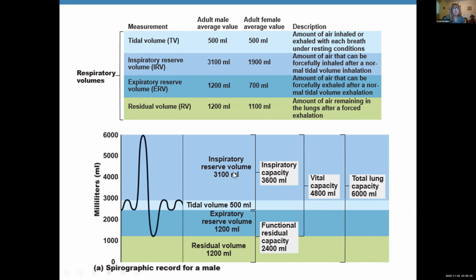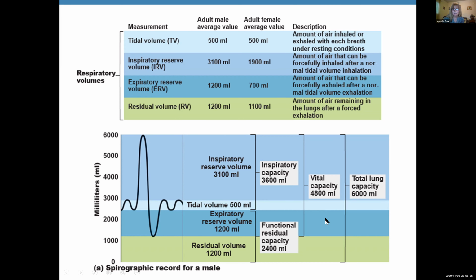Okay, now capacities, when we start adding all these volumes. The first, easy to understand, is total lung capacity. You just add all of these volumes and you get total lung capacity. When you add everything except residual volume, it will be your vital capacity. That's what allows you to survive. This is as much air as you can inhale and exhale when you're, let's say, running for your life or exercising.